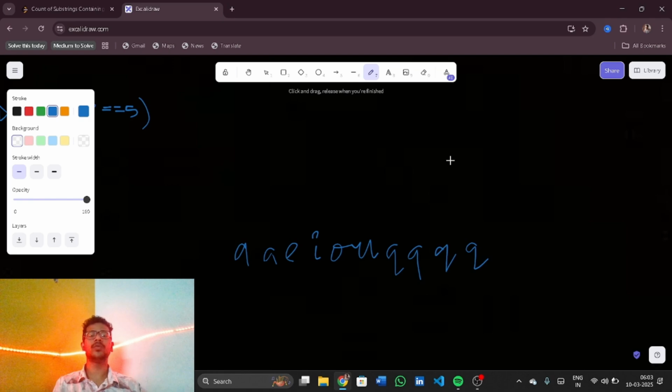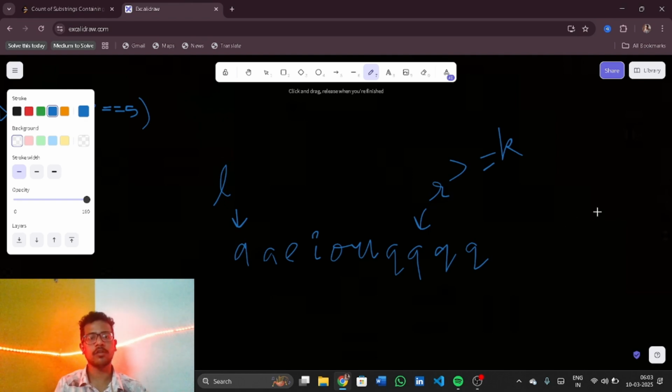Now I need count of consonants greater than or equal to k, right? Here was my left pointer and here was my right pointer. Clearly, here will be my right pointer, here will be my left pointer, because I have 5 vowels, and the count of consonants is just 2, which is equal to K.